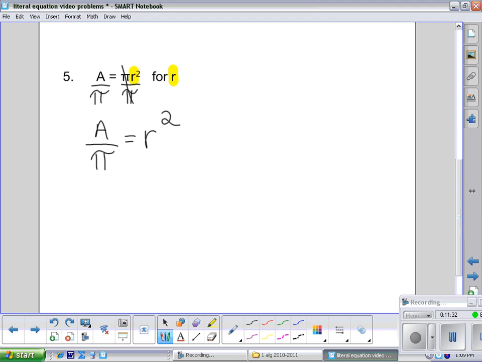But I really don't care about r squared. I want r. So to undo something that's squared, the inverse of that is to take the square root. So I'm going to take the square root of both sides, and I'm left with the square root of A divided by pi equals r.